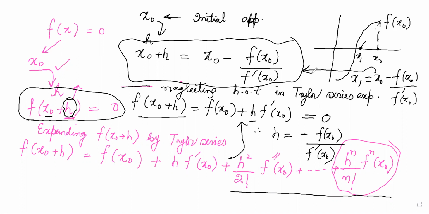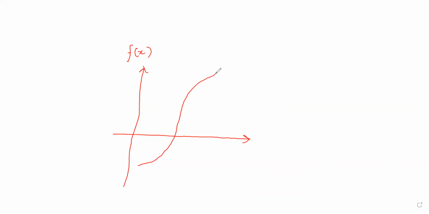Let me recapitulate the entire process by which the Newton-Raphson method works. Whatever function we have to solve, first of all, we start the entire process with an initial approximation. Let's call that x naught. Obtain the value of the function at x equal to x naught.